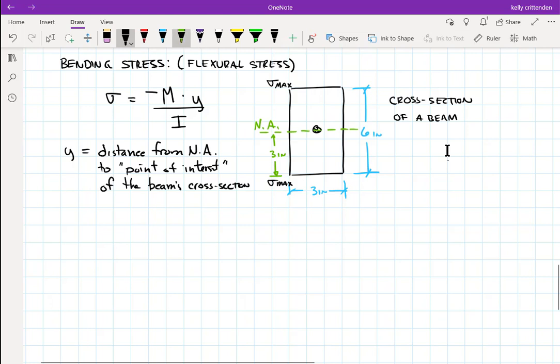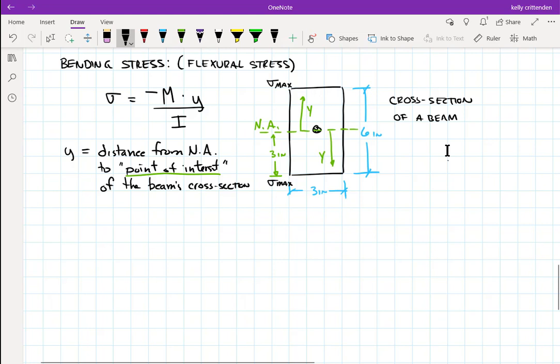Y is the distance measured from the neutral axis either down to or up to some point of interest, which is usually the top of the beam or the bottom of the beam. So I would put in either 3 inches or negative 3 inches, depending on whether I wanted to measure to the top of the beam or the bottom of the beam.